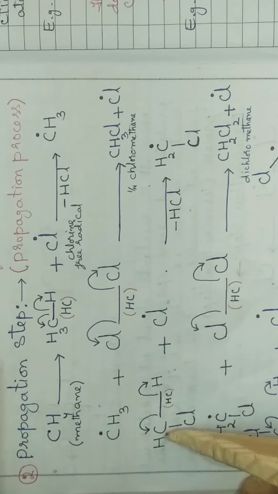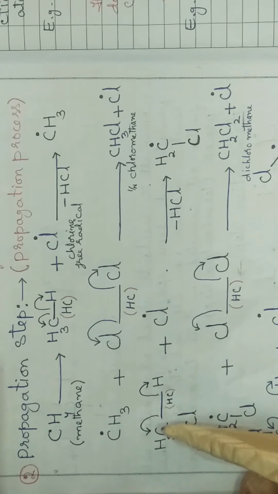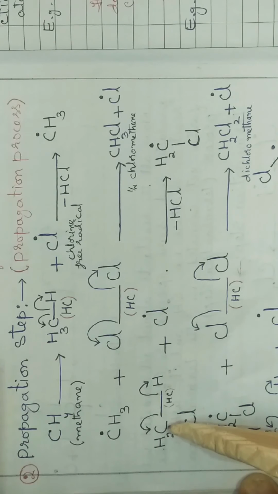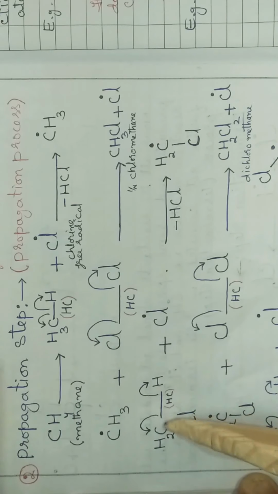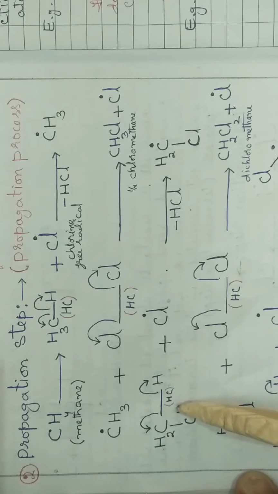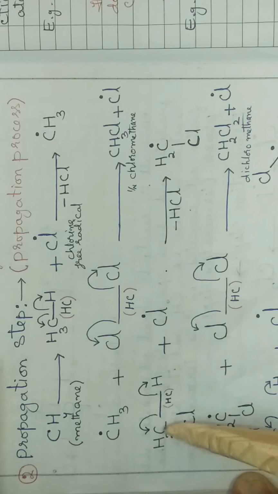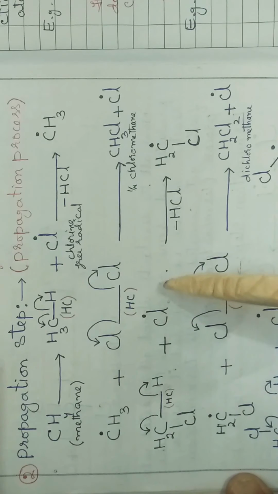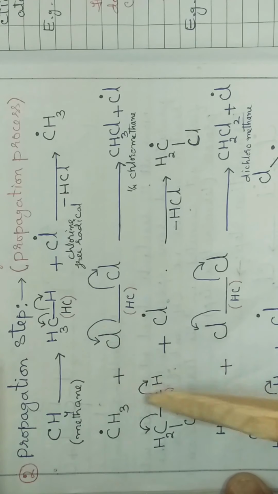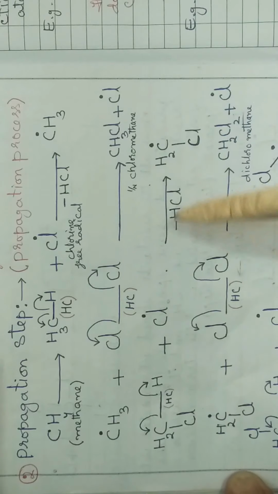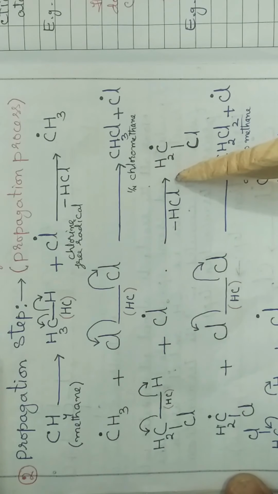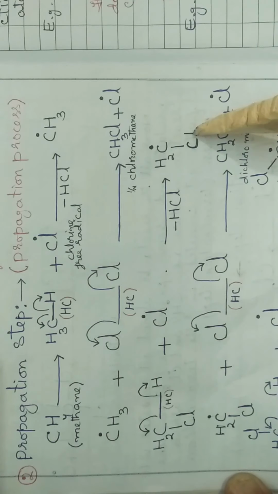In CH3Cl, one of the C-H bonds undergoes homolytic cleavage and forms two radicals, an H radical and a CH2Cl radical. So this Cl radical combines with this unstable H radical, gives HCl, and leads to the formation of the CH2Cl free radical.